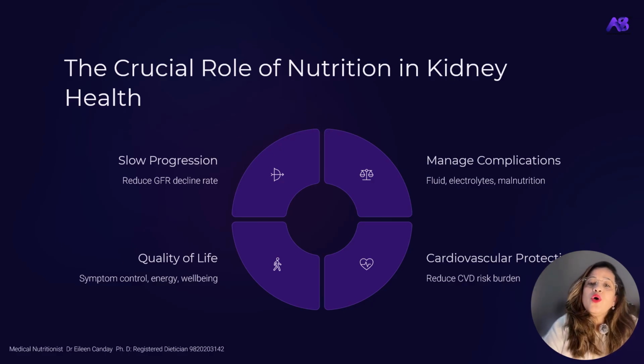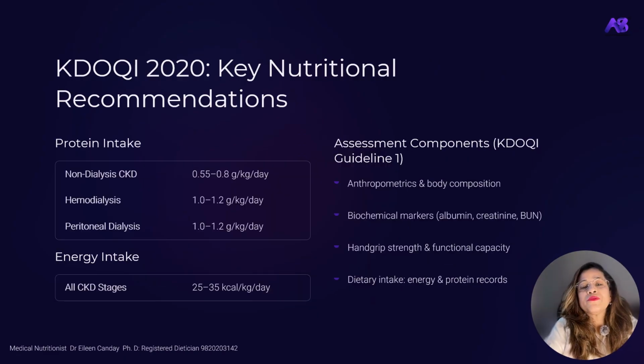Okay, so a well designed renal program where diet is looked at, and you have to manage the complications through nutrition. Whether you are looking at cardiovascular protection or the quality of life of this patient, these are all the pillars that you need to work around so that you are able to give the right justice to the patient.